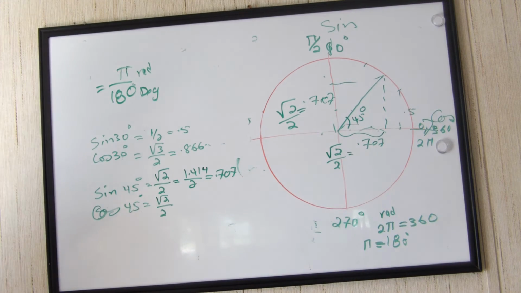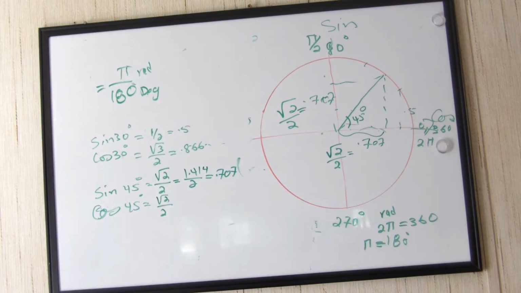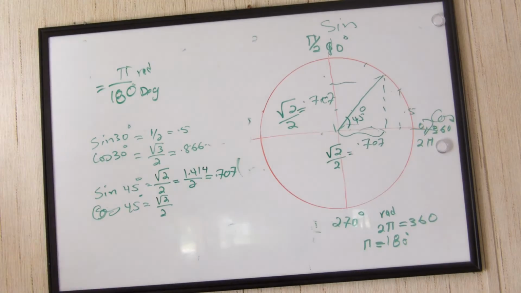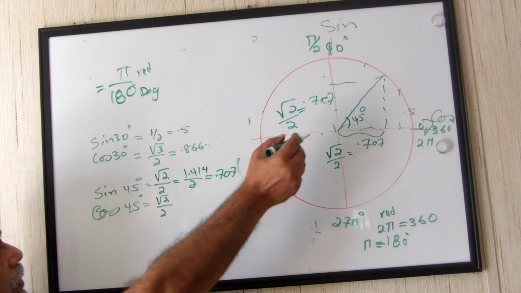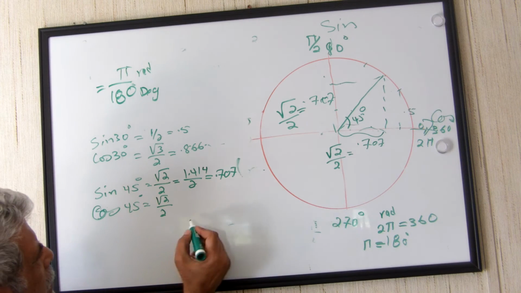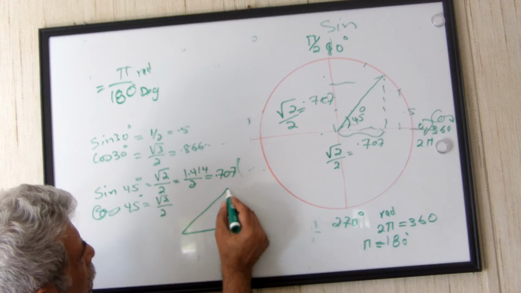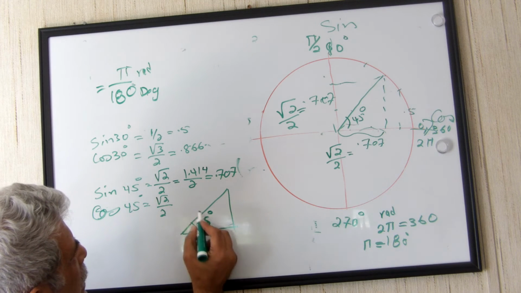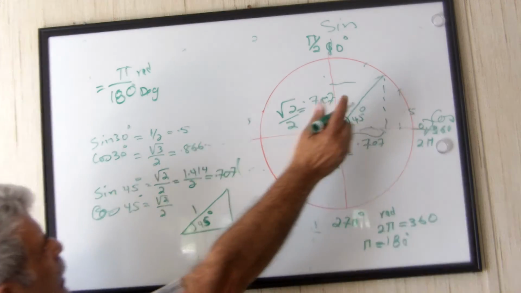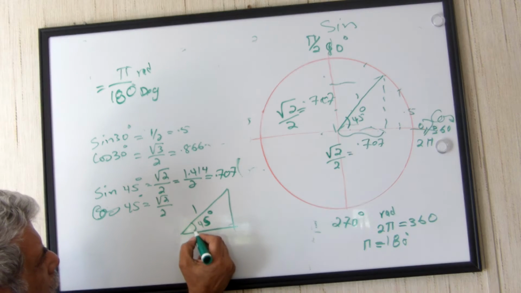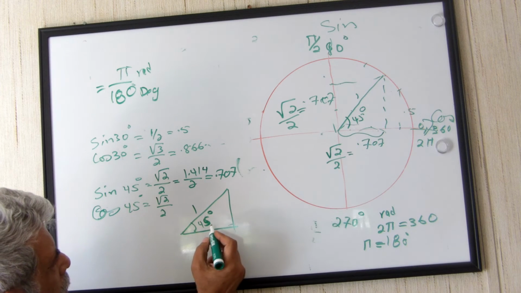Okay, now you see that if you square both legs, this is like this, 45 degree, and this is 1, the unit, just 1, all over the place, all over through the circle.